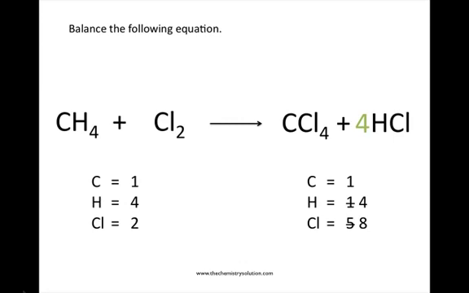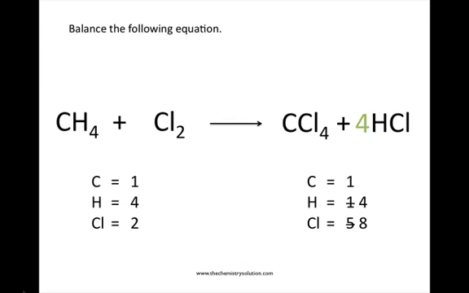So if we look at our new total, we still have 1 carbon atom on our product side, but we now have 4 hydrogen atoms, and we now have 8 total chlorine atoms: 4 from the CCl4 that we had to begin with, and 4 from our 4 molecules of HCl.